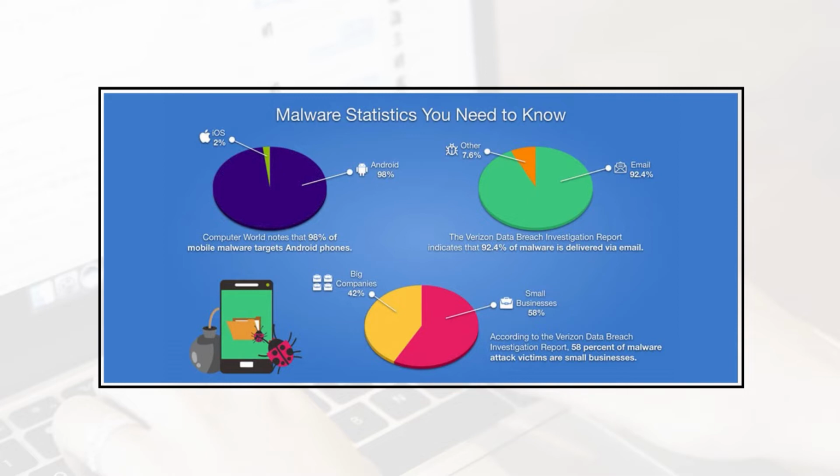The graph shows 58% as far as the malware statistics is concerned, the malware attack victims are small businesses. And then you see that through email, a lot of data breach is going on, somewhere around 92.4% if you compare other ways.